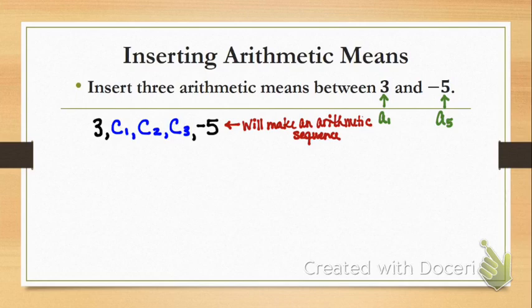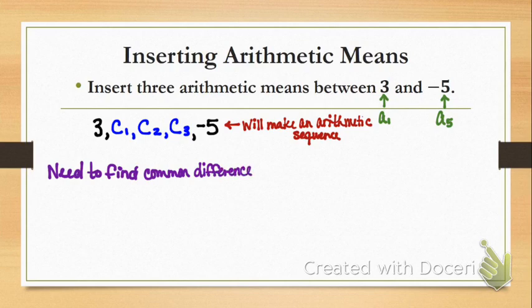What am I going to need to know if I'm going to find these three numbers? Yes, I need to find the common difference. How can I find the common difference with the information that I've got?